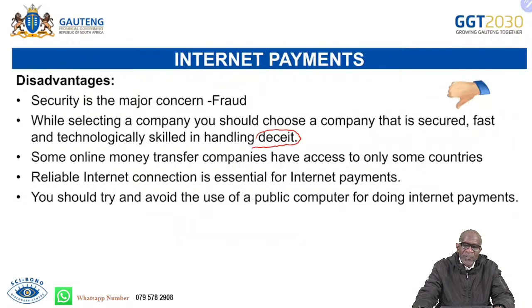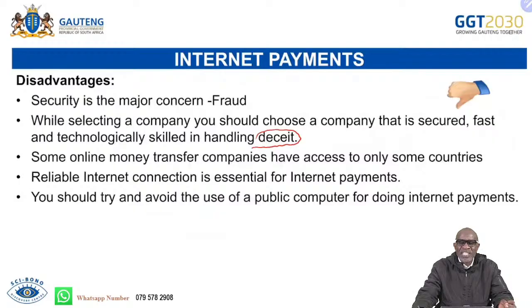Grade 12 learners, we've looked at various methods of payment that apply internationally, that are acceptable when you travel internationally. We have discussed the EFT method. We've looked into a bank draft.